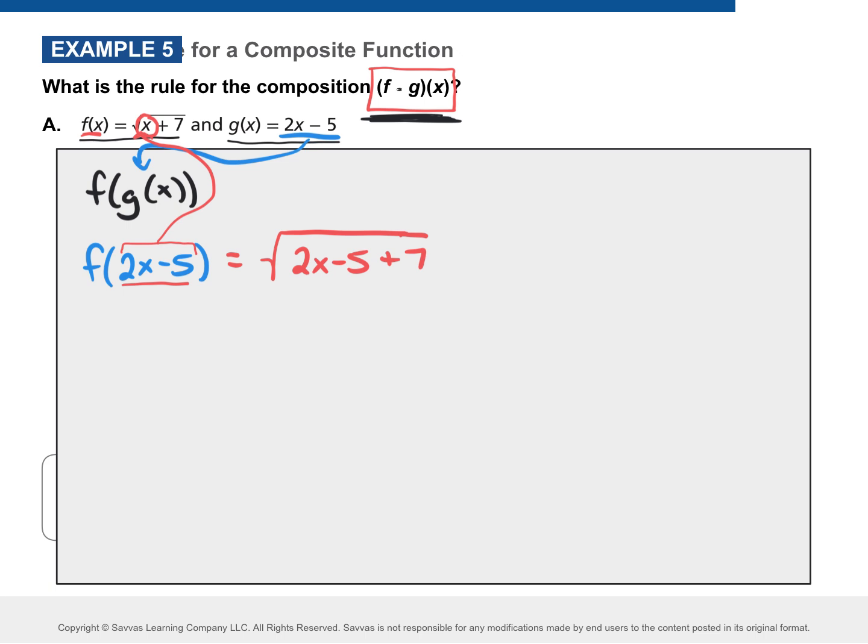Now we just have to simplify this. Looking on the inside there, can I do anything? Yes. I can combine like terms, right? Does 2x have a like term? Nope. What about negative 5 plus 7? Positive 2. And then once you're simplified, you are done.